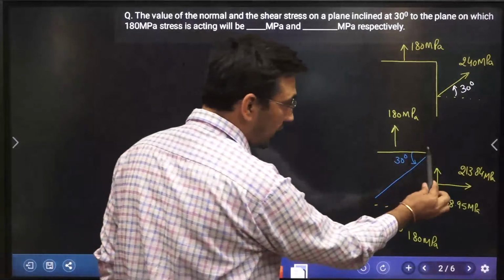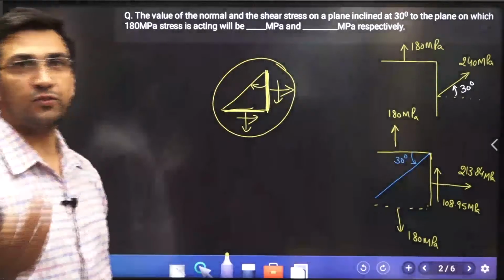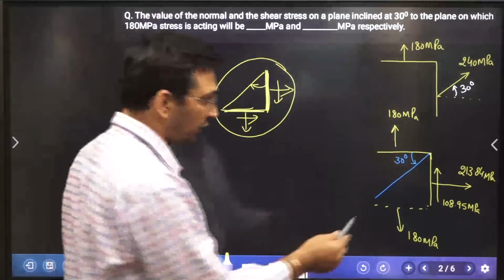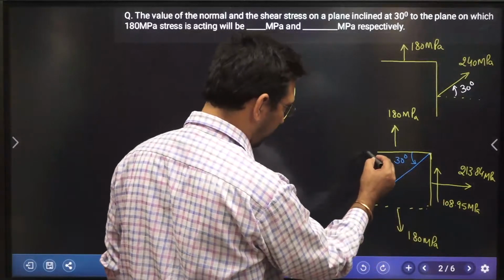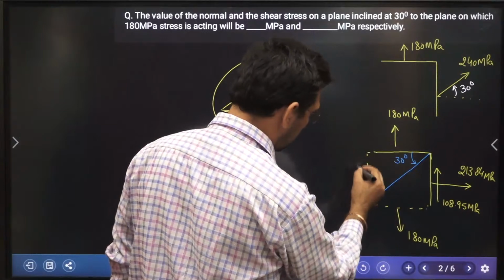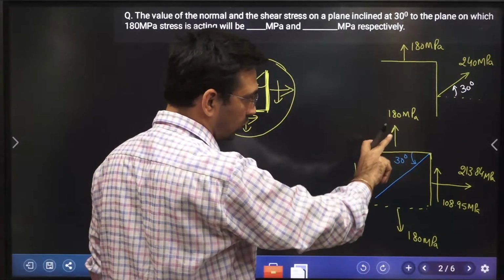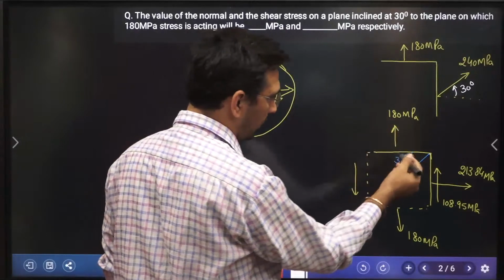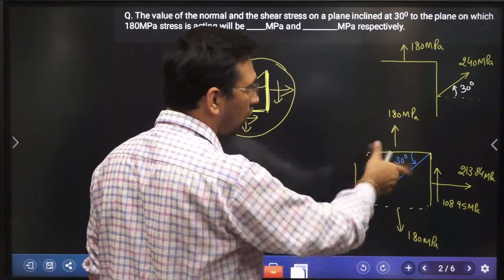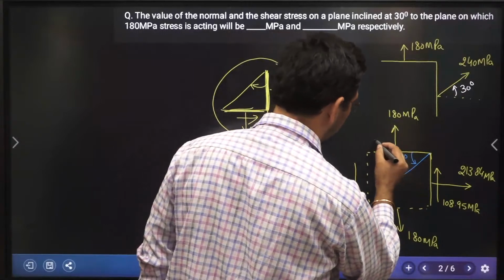Since you are able to find the shear stress on one face, that is sufficient for us to find out the shear stress on the other faces. If I take a face over here this way, in that face it is going to be downward, giving anti-clockwise rotation. So to balance it, I need to apply a stress on this face and this face in such a way that it gives me clockwise rotation, and that will come when I apply it over here this way.